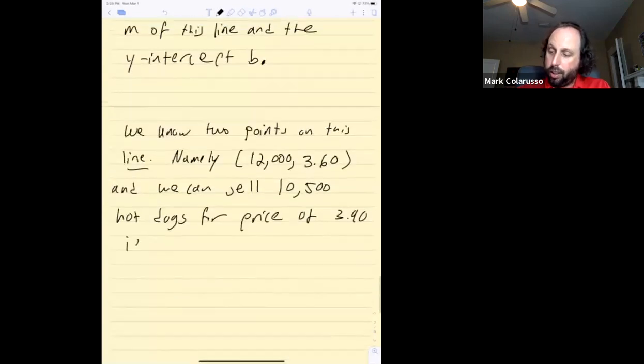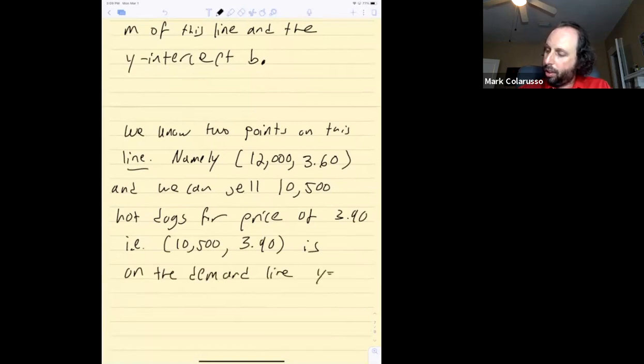So this point, 10,500, 3.90, is on the demand line. P equals mx plus b, sorry.